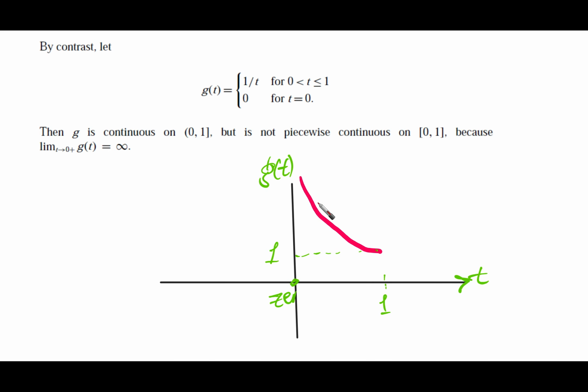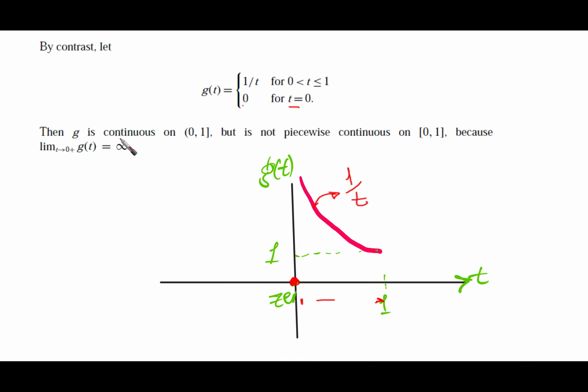This is our function here, which is 1 over t, starting from 0 but without considering 0, until we reach 1. And it equals 0 when t equals 0. When t equals 0, the function is going to be 0. So this is the function for us, which is in red now, and this is the point which I put here.